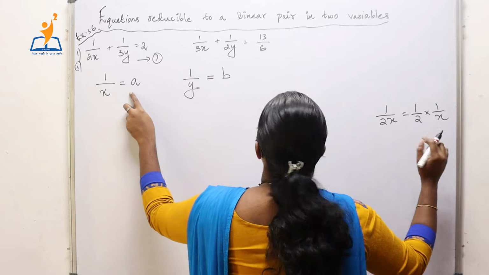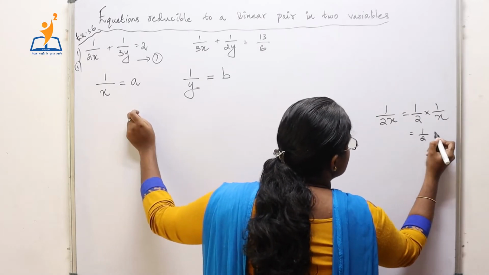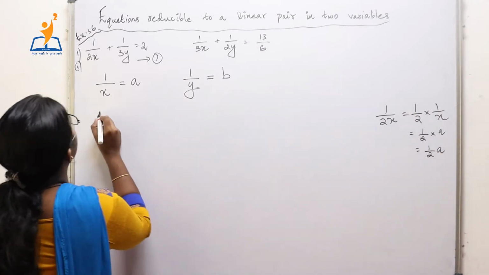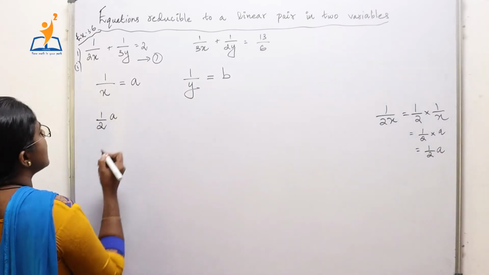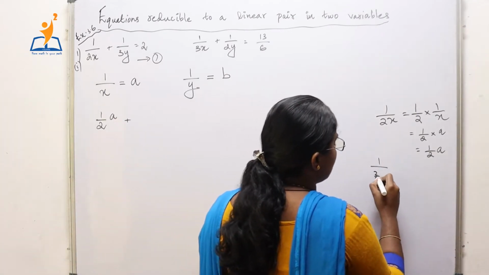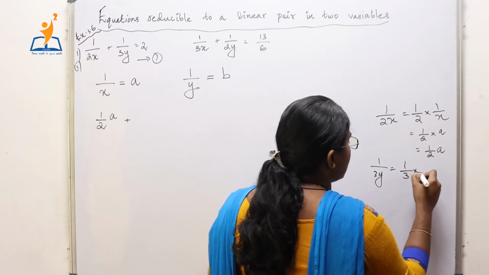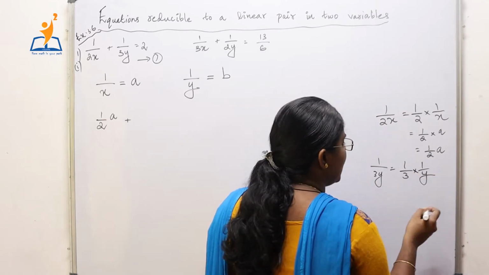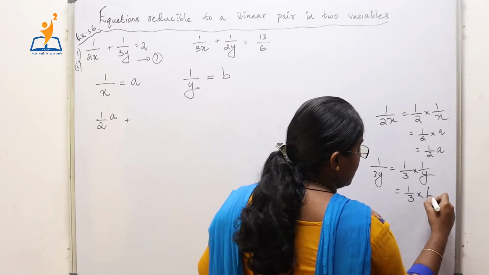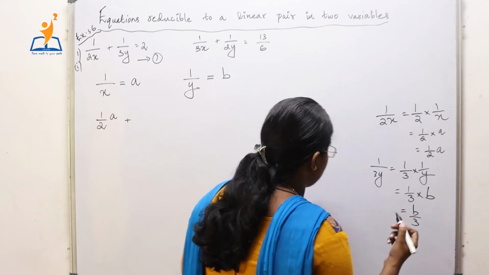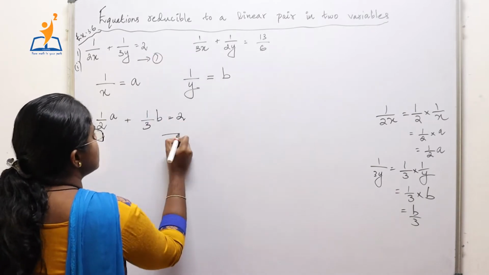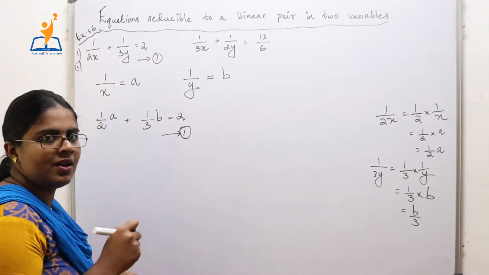What is 1 by x? 1 by x is a, so it is 1 by 2 into a, that is half a, that is a by 2, plus similarly 1 by 3y. 1 by 3y can be written as 1 by 3 into 1 by y, and 1 by y is taken as b. So it is b by 3, or 1 by 3 b, which is equal to 2. So this is our new form of equation number 1.